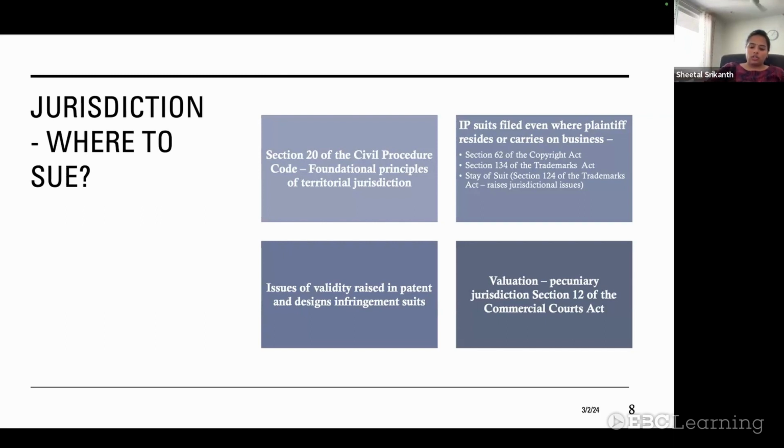So that is called cause of action. So another way to determine whether a court has territorial jurisdiction or not is I can go to a court where the cause of action either arose fully or partly.